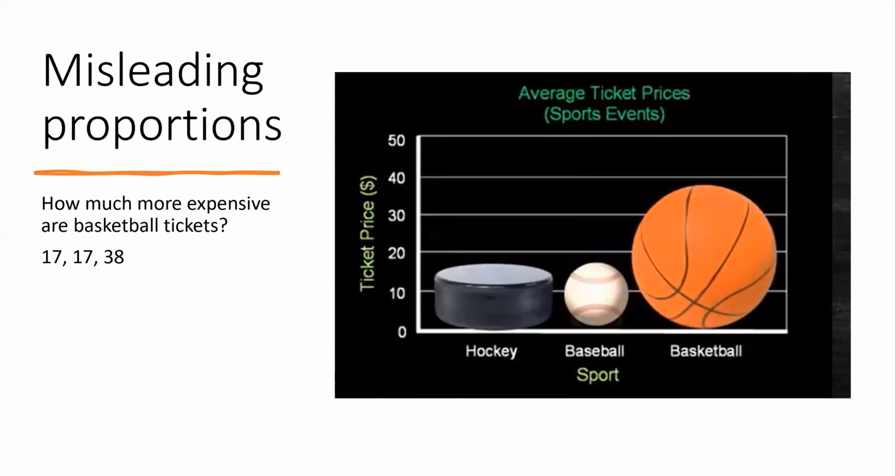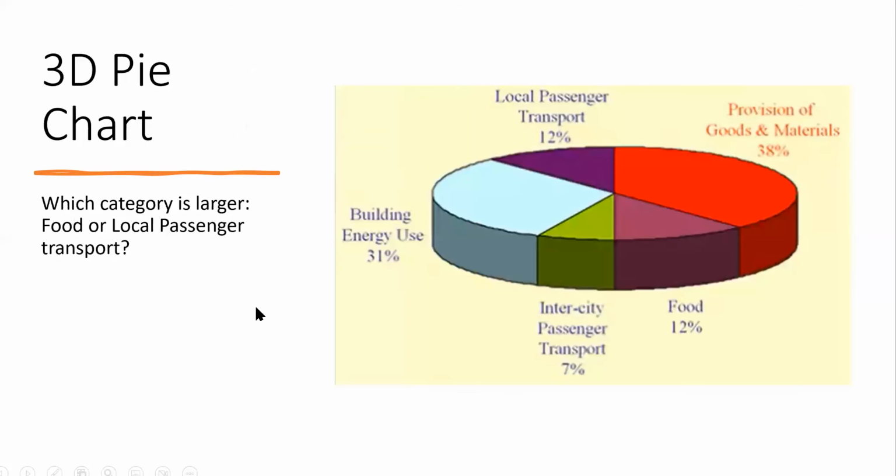It turns out that they're both the same, about $17 per ticket. But look at how the puck looks way bigger than the baseball. Even though the height is the same, the perceived volume is so much bigger. So it's very misleading.